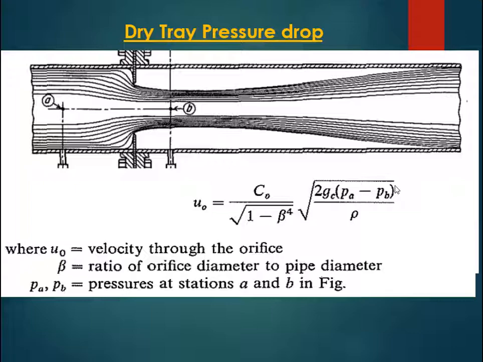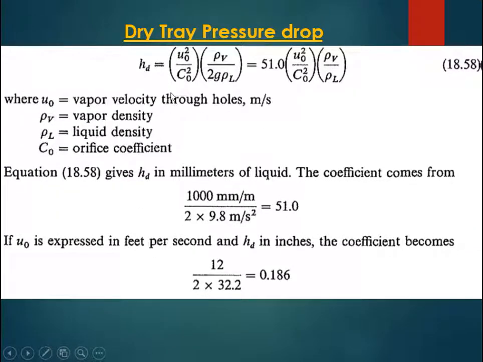Based on that we can calculate pressure drop through the orifice. Now since I have to give pressure drop in terms of clear liquid head, not in pressure units, I can equate pressure drop to density of liquid times g times clear liquid head. So after this arrangement, we will get this expression, with g and density of liquid, because I have written pressure drop in terms of clear liquid head.